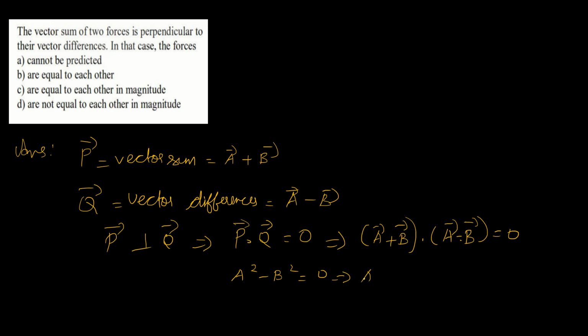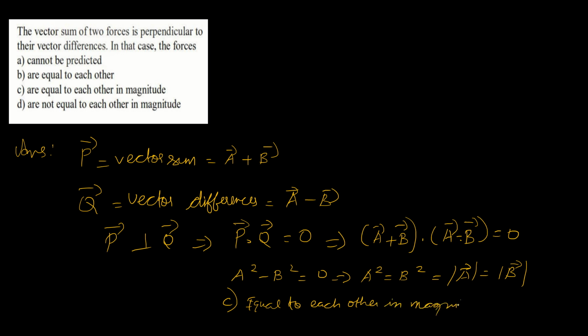This implies A square equal to B square, which implies the magnitude of vector A is equal to the magnitude of vector B. So the answer will be the forces are equal to each other in magnitude. They are not equal to each other, but they are equal to each other in magnitude. Okay, so the option is C, equal to each other in magnitude. Okay, simple question, guys. Let us go to the next question.